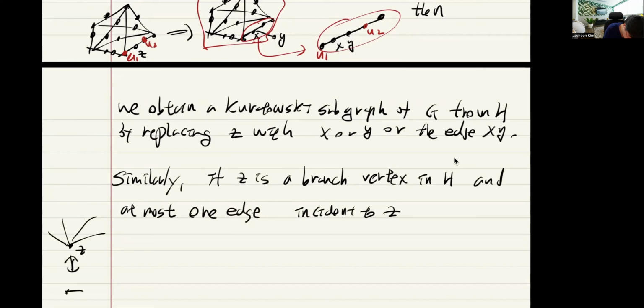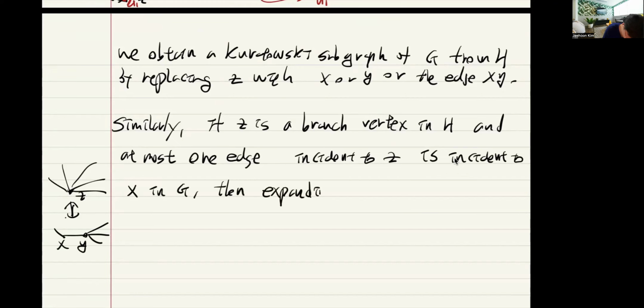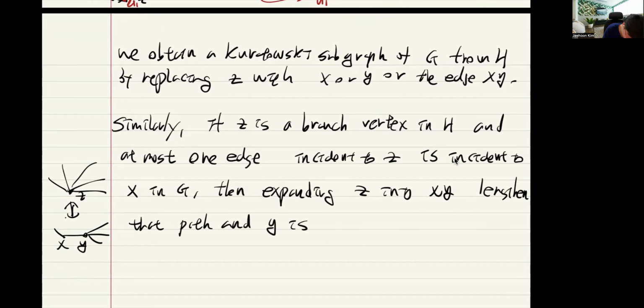And in the original one, only one edge is incident to Y or X, let's say X. Only one edge incident to v is incident to X in G, then expanding v into XY just lengthens that path.